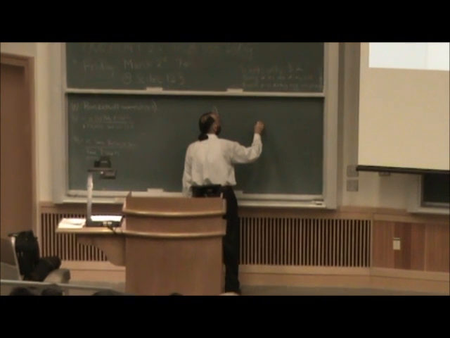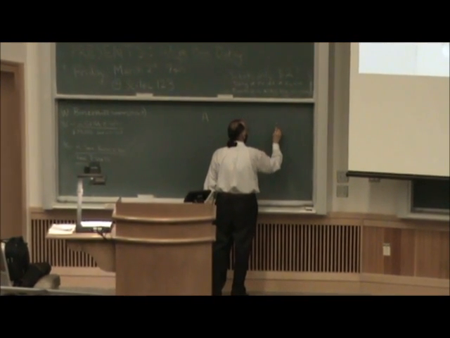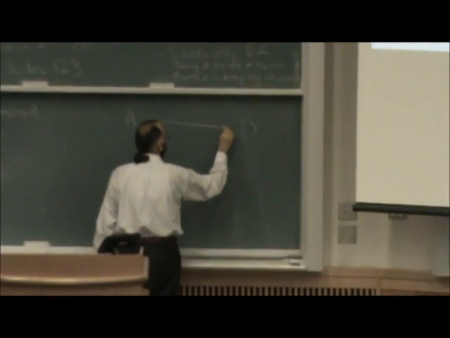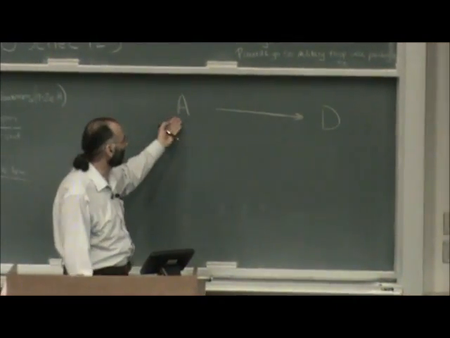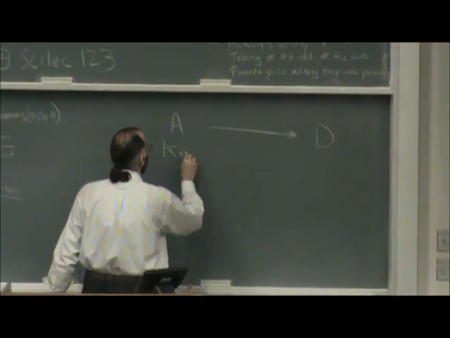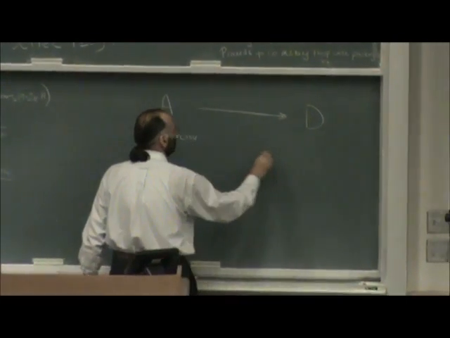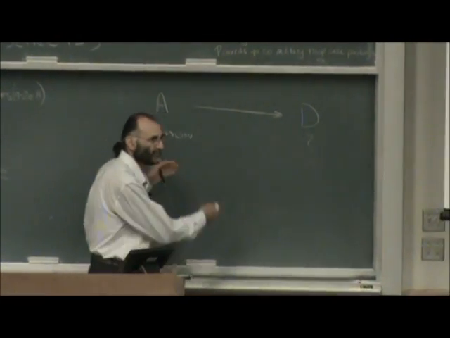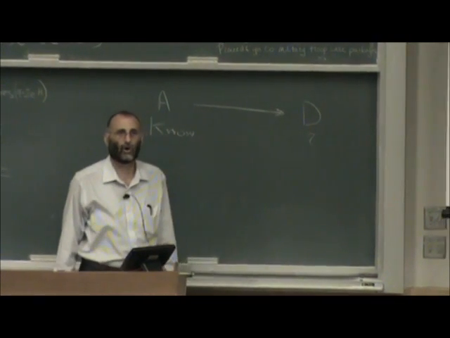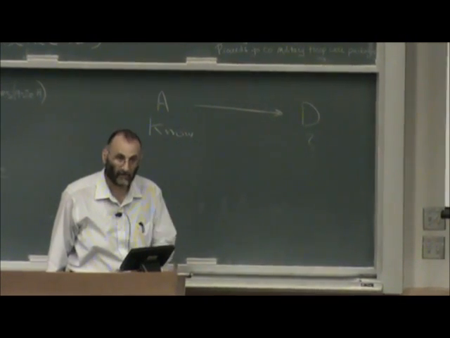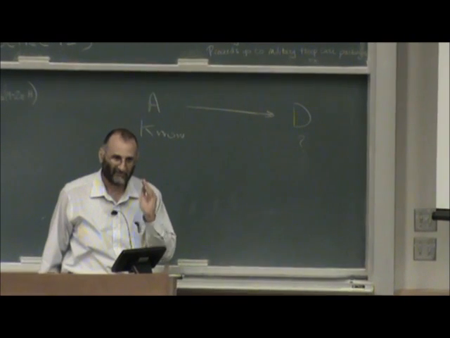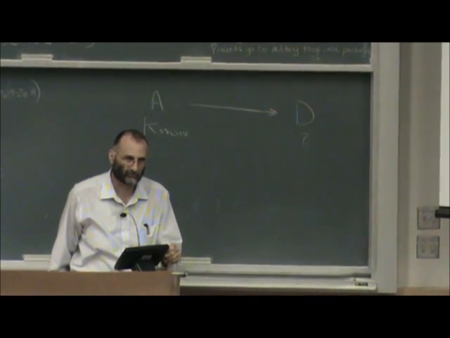When you have a problem to solve, you want to go from A to D. You know this, you know this, and you do not know this. So you want to go from something you know to something you do not know. This is very important, pay attention, because many times it will help you solve problems you would not be able to solve otherwise.